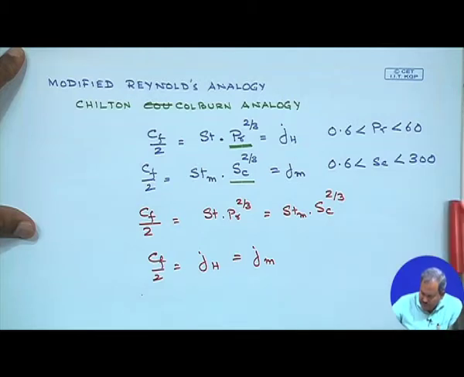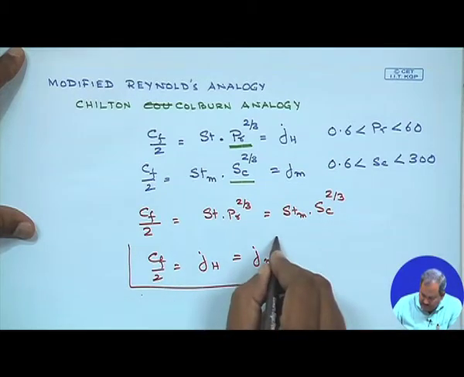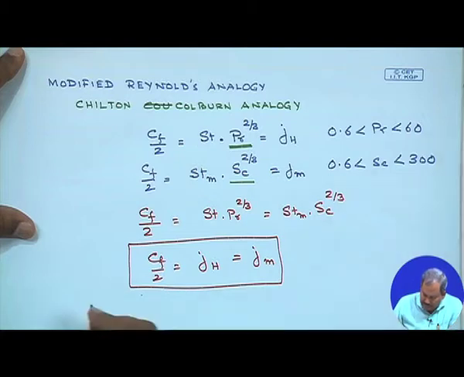So, this is the Chilton-Colburn analogy, and J is called the Colburn J factor.